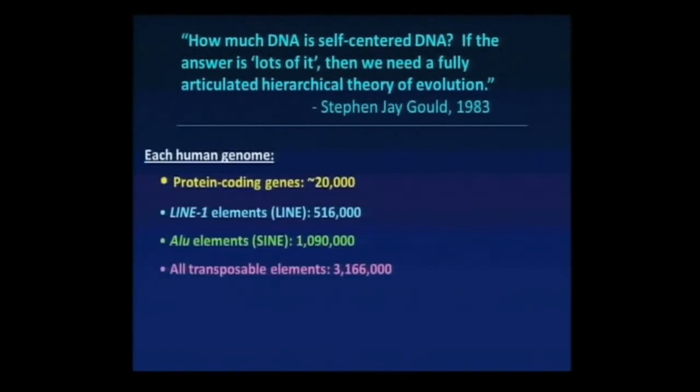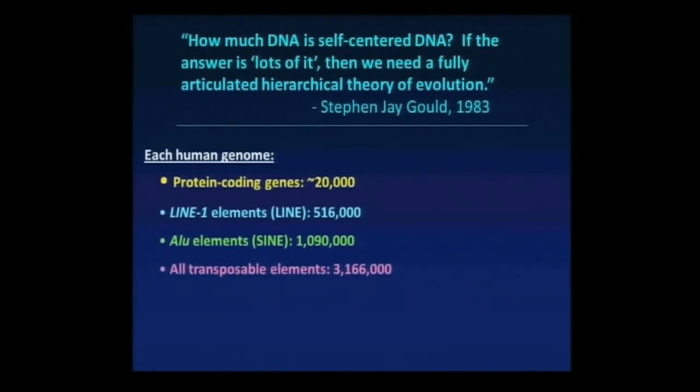Well, okay. Each copy of your genome contains about 20,000 protein coding genes, or about 2% of your DNA, whereas one type of transposable element, called LINE-1, is present in more than 500,000 copies, and another element, a short interspersed nuclear element, called Alu, is present in over 1 million copies.